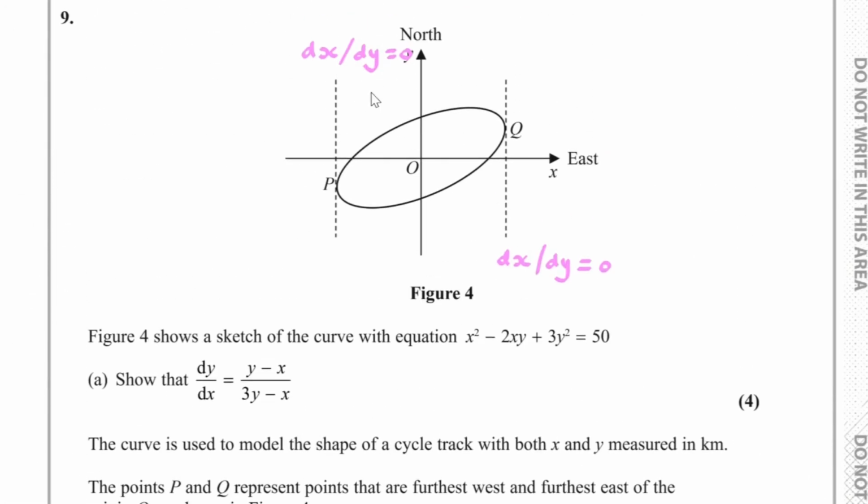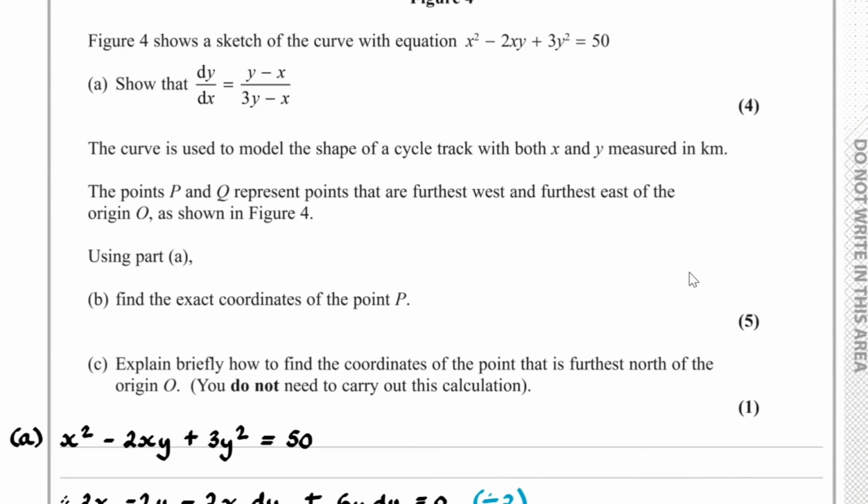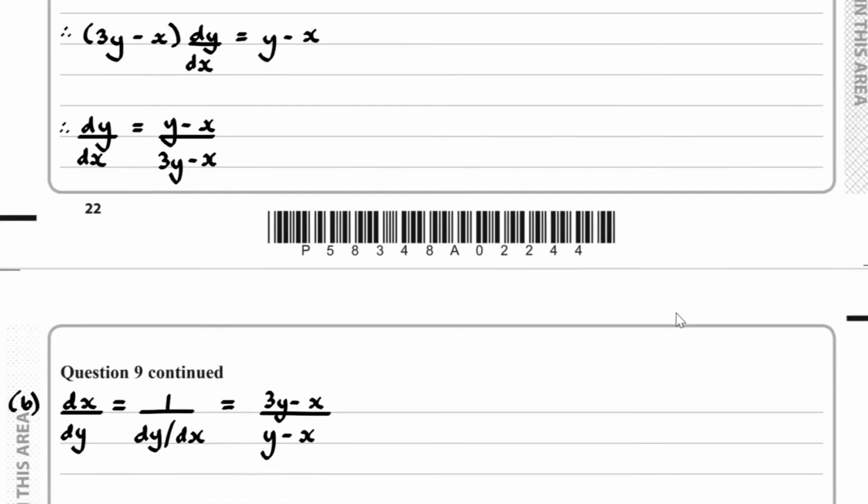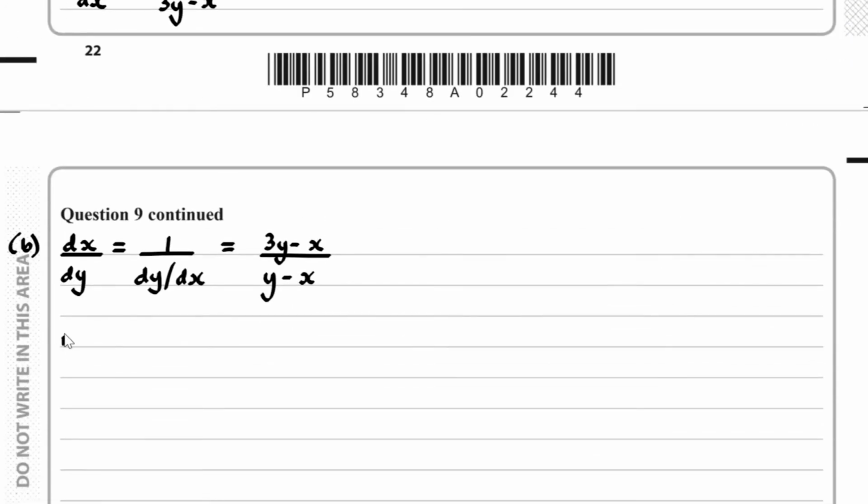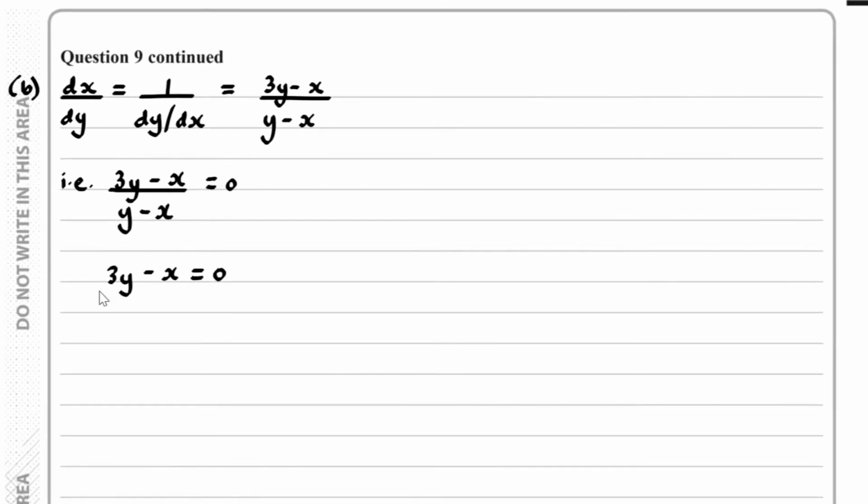And we know that dx over dy equals 0, that's when P and Q occur. And so we've got 3y subtract x divided by y minus x equals 0. 3y minus x equals 0. And so therefore x is equal to 3y.